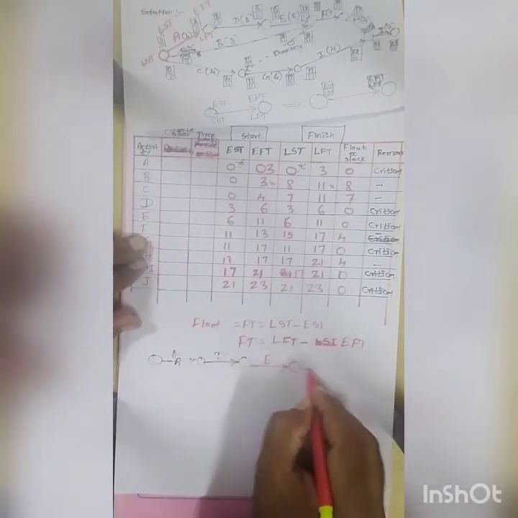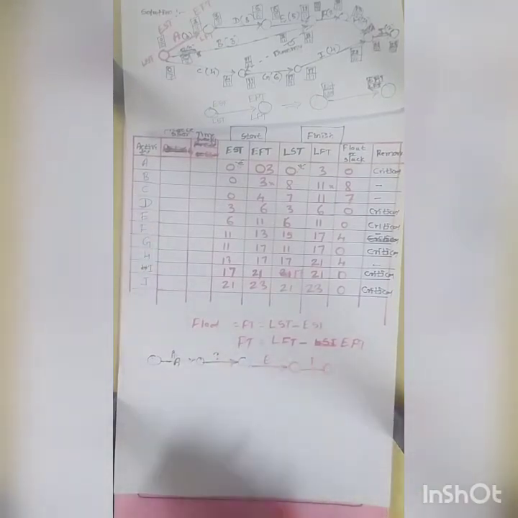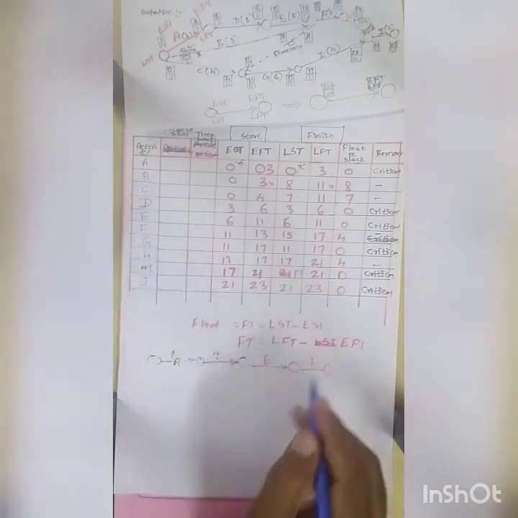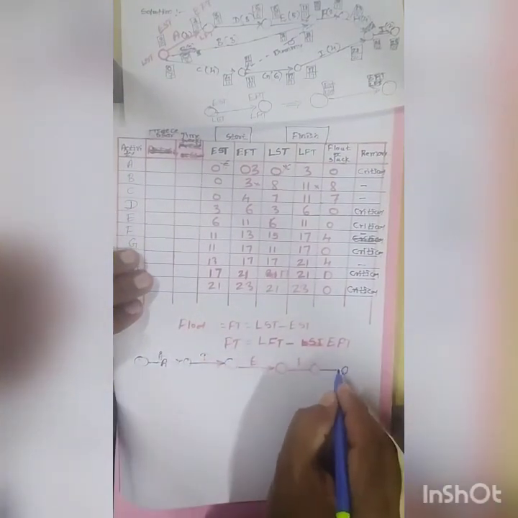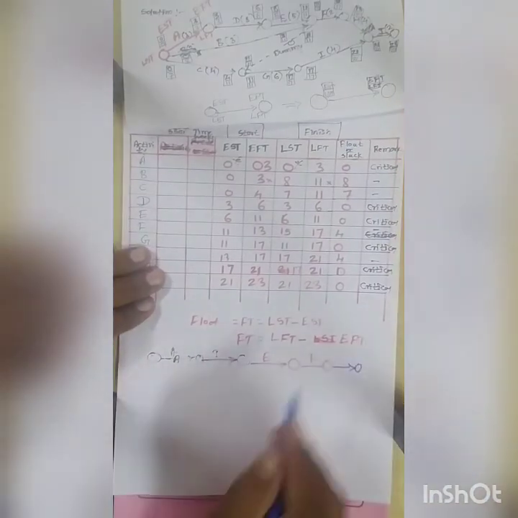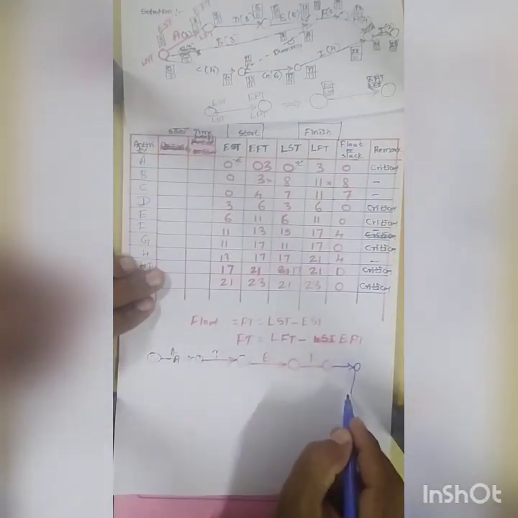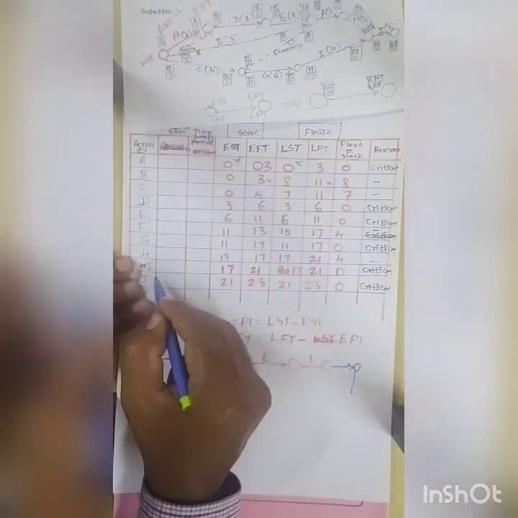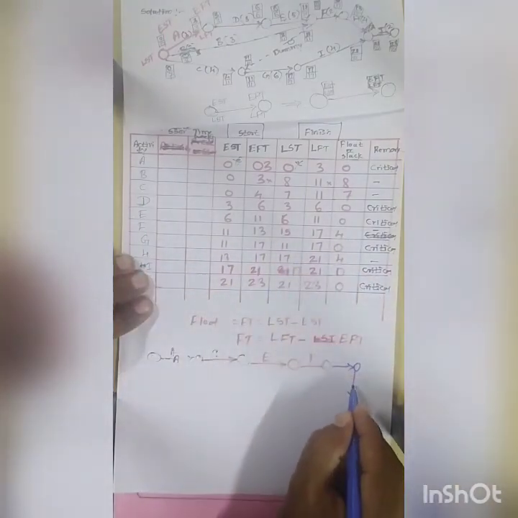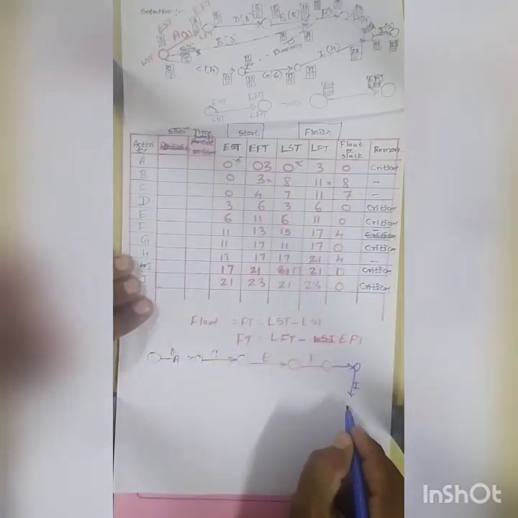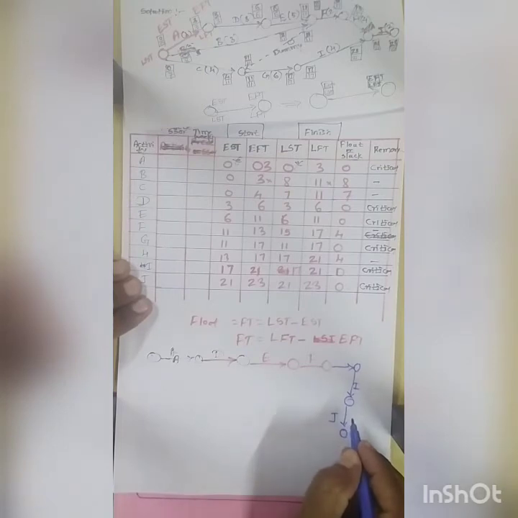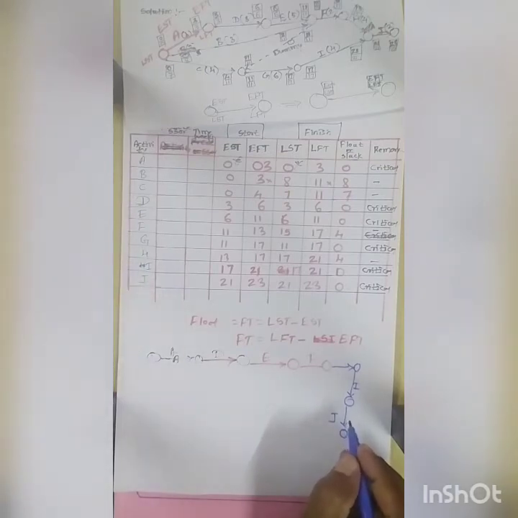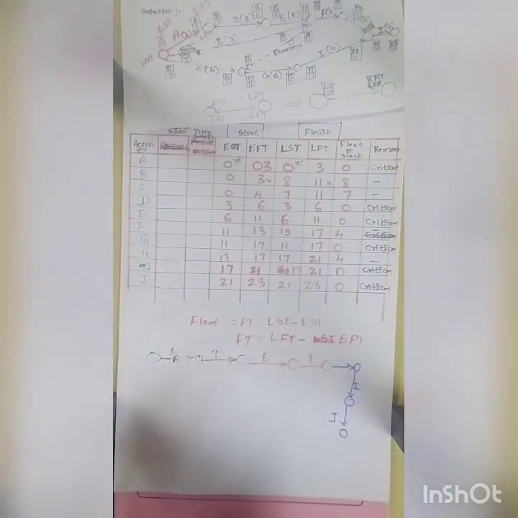Next, F is critical, after that G is critical. I is critical. After that, J is also critical. You take it as always in the forward direction only.